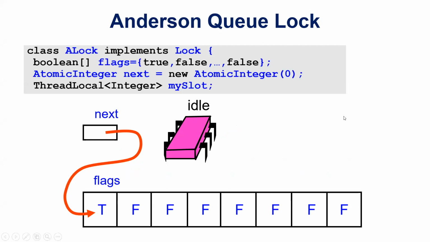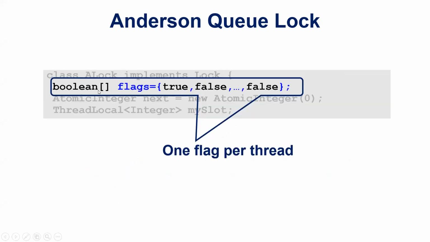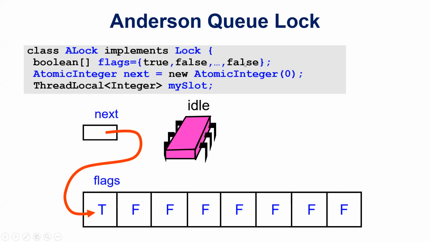Now, for implementing this particular lock, the Anderson queue lock, we are using Boolean flags. The first thread will be indicated with true, and the remaining threads' flags will be indicated with false. Next, we are using an atomic integer, next. Initially we are initializing the next value with 0, and this is an atomic operation, so only one thread can update at a time.